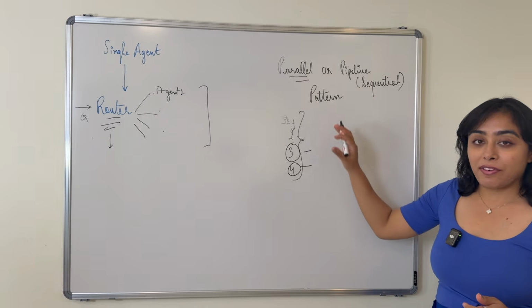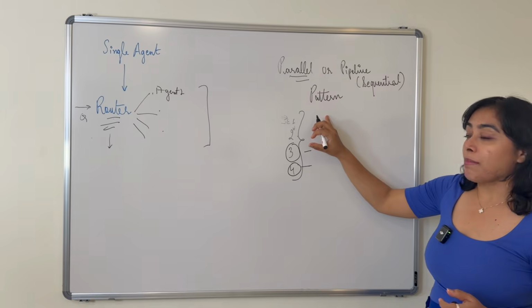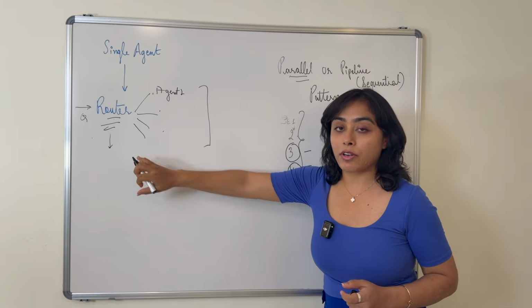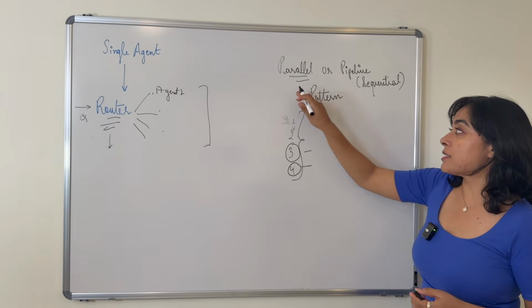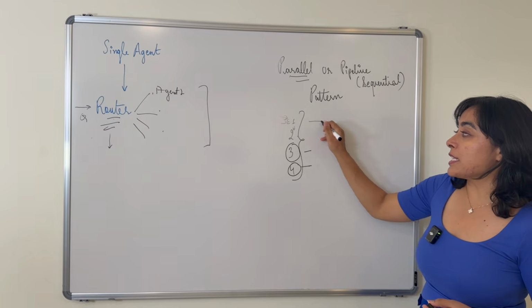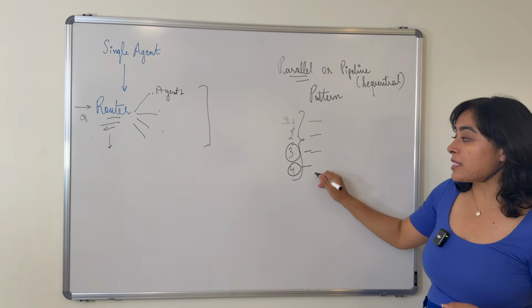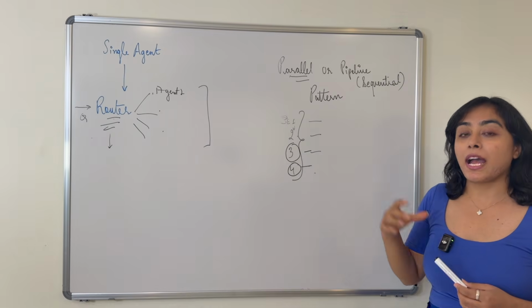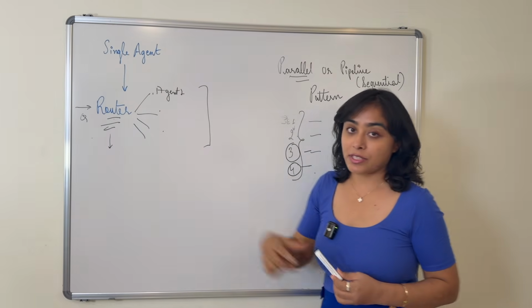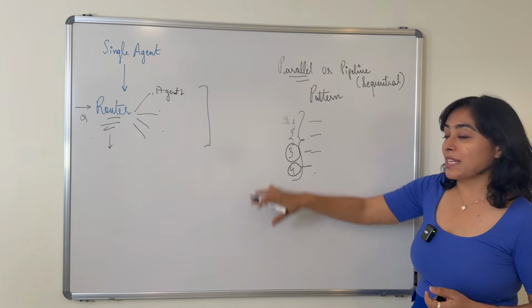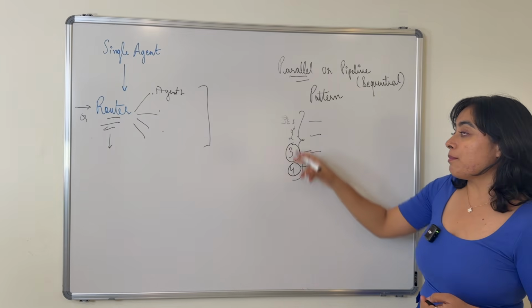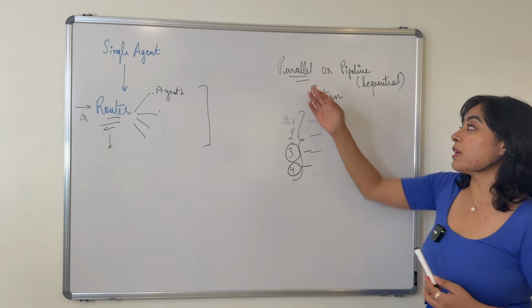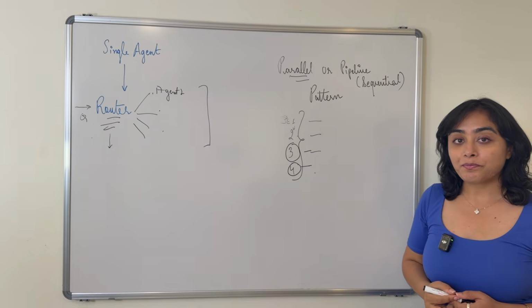So, we just briefly discussed parallel and pipeline patterns, which are an improvement over the router. Why? Because in these patterns, we can use different agents in different steps, and we don't need to use just one agent. So, for those complex problems that could be solved with the help of different steps, we will use one of the parallel or pipeline patterns.